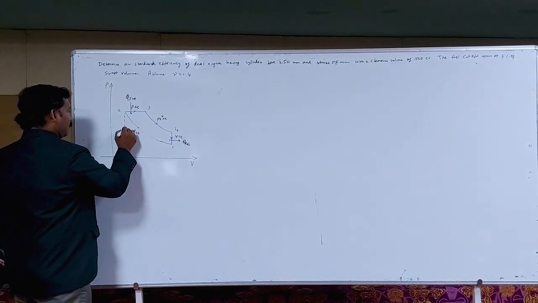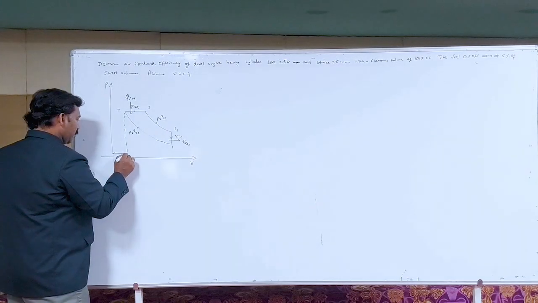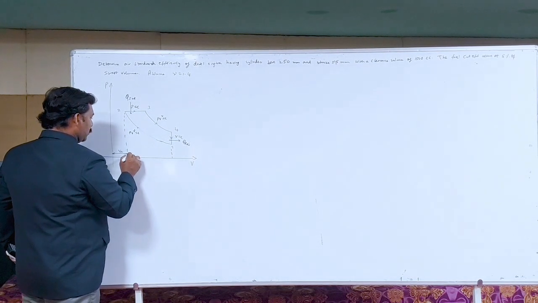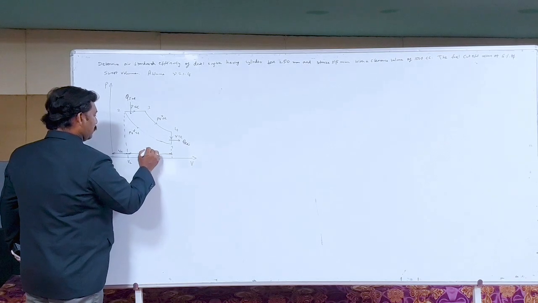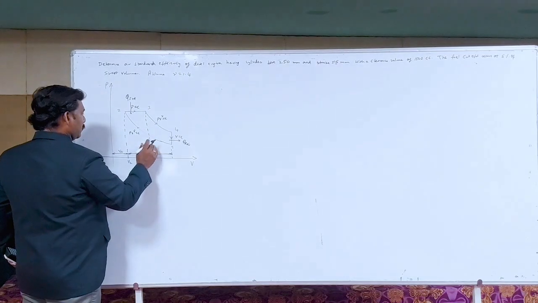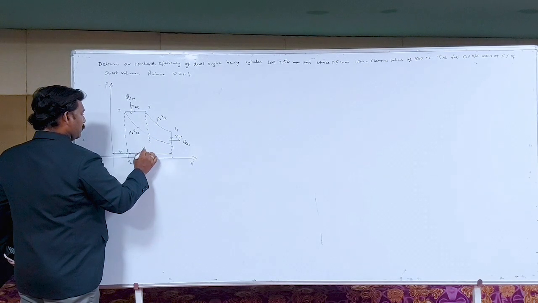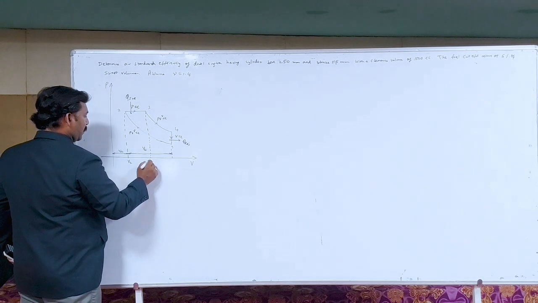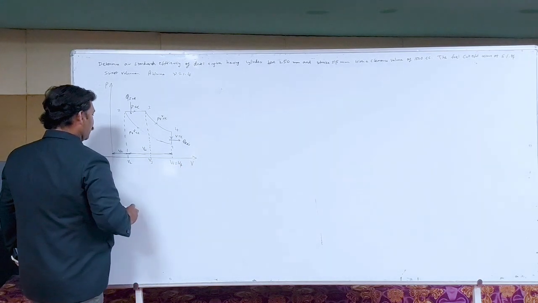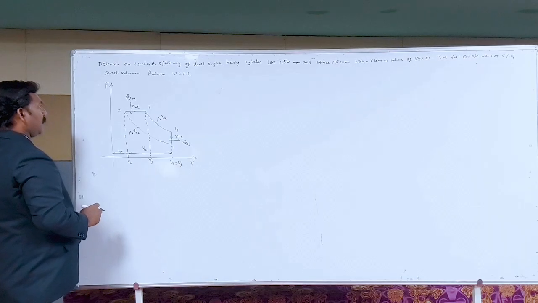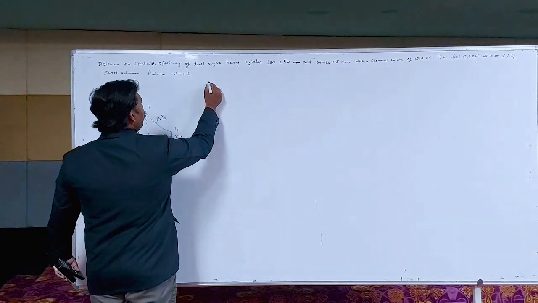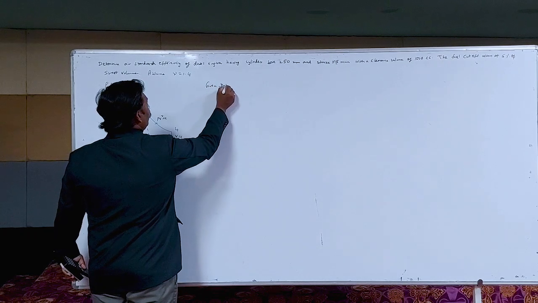Let us mark the clearance volume here, Vc, this is V2, and this is the swept volume, Vs, and this is V3, and this V1 is equal to V4. So with this information, let us start writing the given data for the given problem.